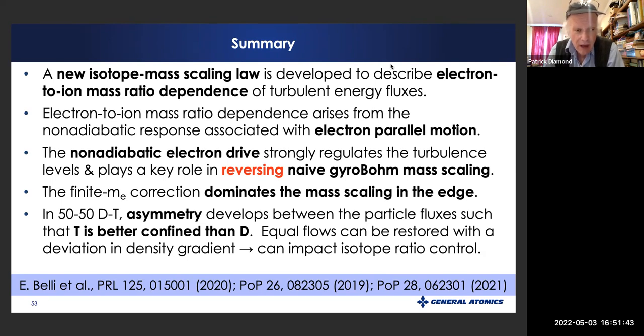The question is, if one tries to understand the result for the isotope trend in the ion heat flux, how can one understand that from the point of view of this kind of time-honored calculation that you showed for the particles? In other words, quasi-linear theory and mixing length, right?